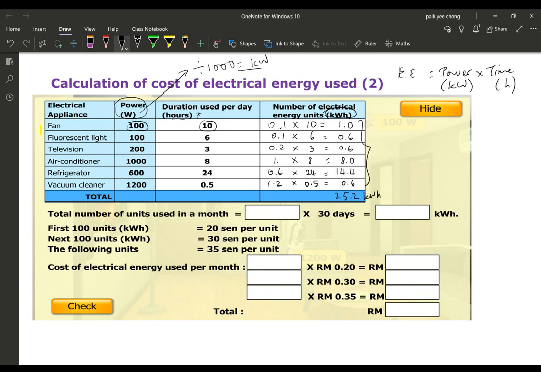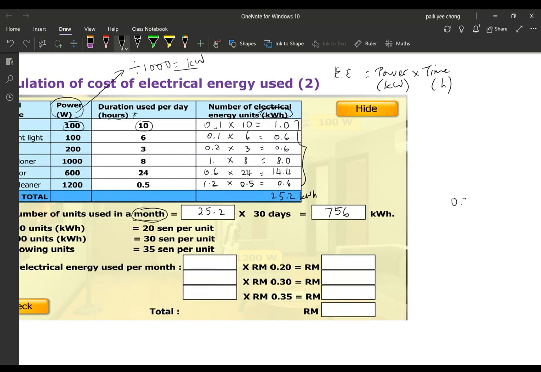This is what you use for 1 day, but you want to calculate for 1 month. We assume 1 month is 30 days, so 25.2 times 30, you will have 756 kilowatt hour.